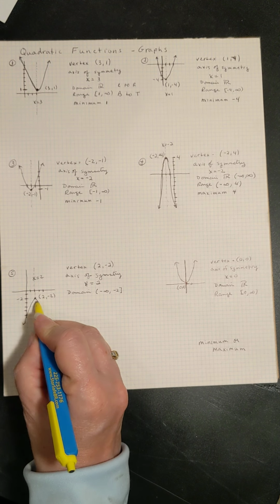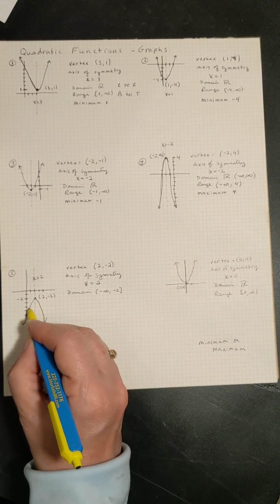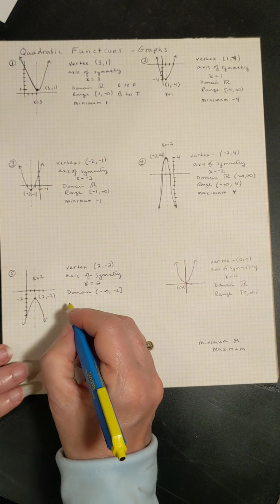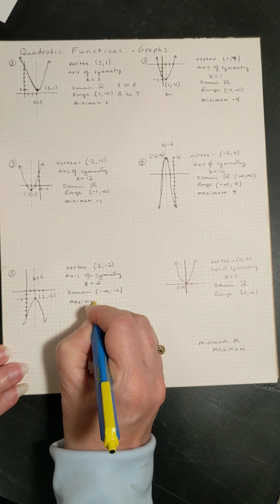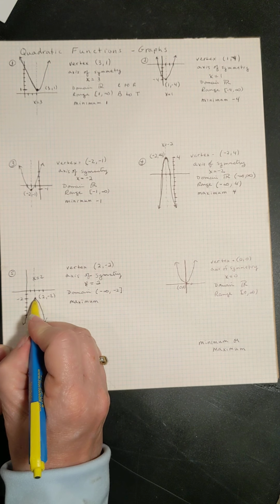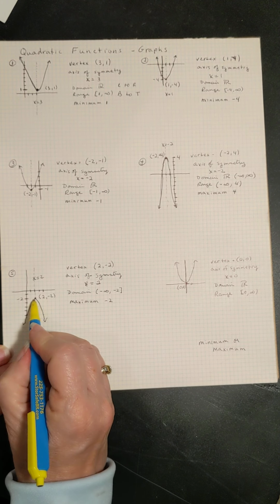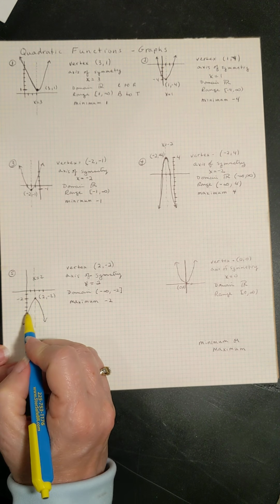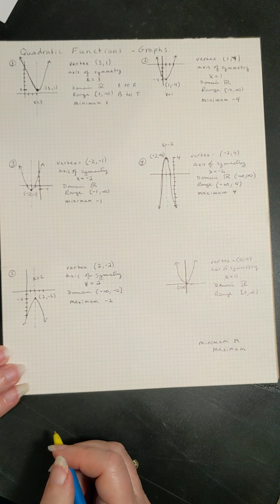This one also, see how it's upside down, and so it reaches a top here. Okay, and so it also reaches a maximum, and its maximum value is -2. All right, because the highest that it goes is -2. All the other y-coordinates will be less than -2.